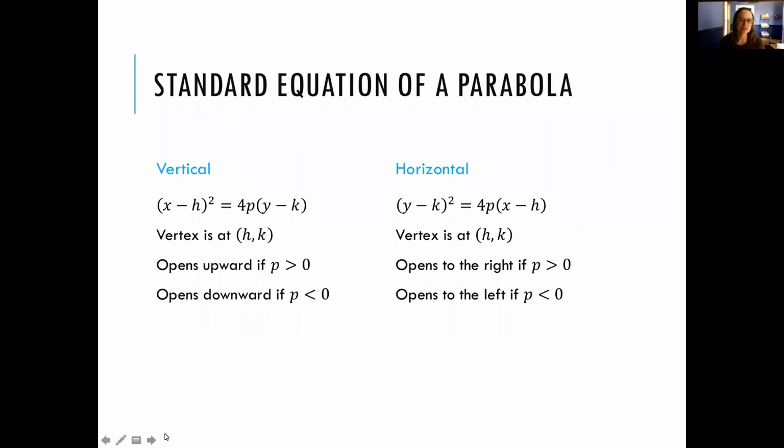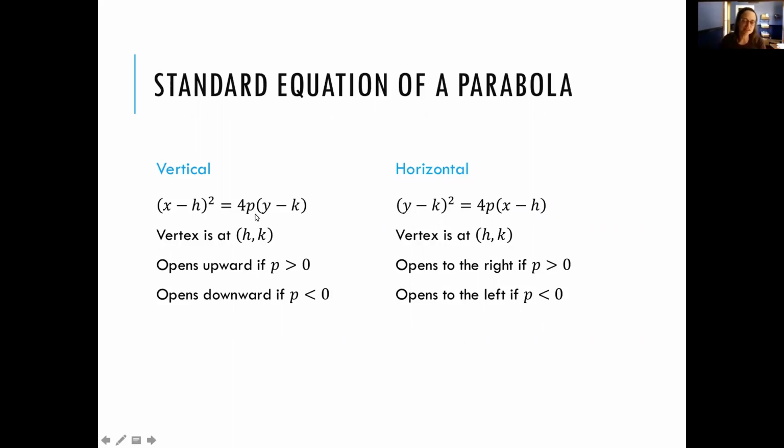So let's take a look at what this means for us. It means we've got a slightly different form of the standard form of the equation of a parabola. If we've got a vertical parabola, a parabola that opens upward, we're going to use x minus h squared equals 4p times y minus k.